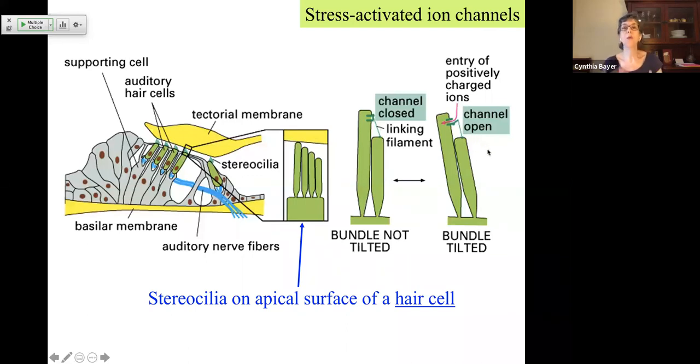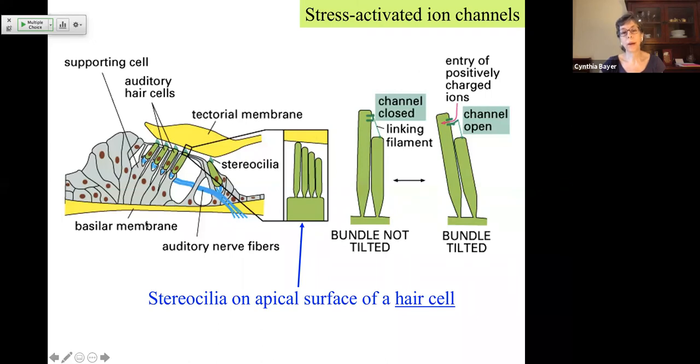Again, for our purposes, our main focus here is this mechanically gated, or stress, right, a force on that ion channel, mechanically gated, mechanically activated ion channel that, once it's open, allows positively charged ions to enter the cell.